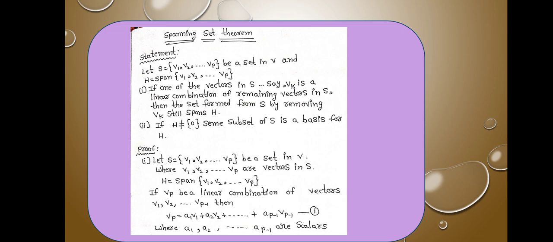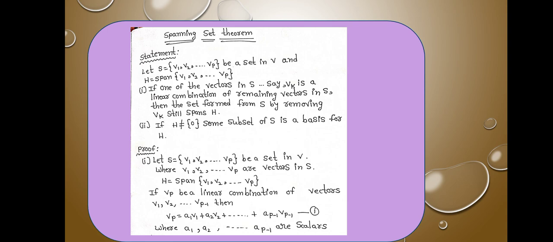For example, if we wrote vk equal to c1 v1 plus c2 v2 plus up to ck minus 1 vk minus 1, a linear combination of the preceding vectors, then the set formed from S after removing vk still spans H. Just now we assumed that using v1, v2, up to vk we get a vector space H. Although we remove vk, using v1, v2, up to vk minus 1 we still get the vector space.